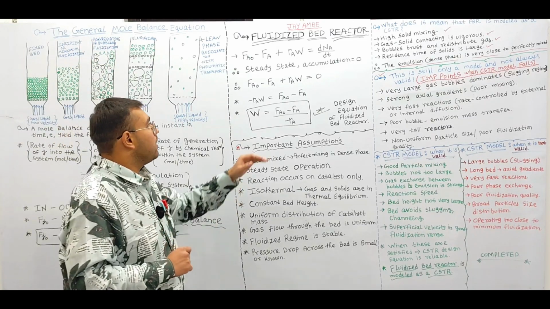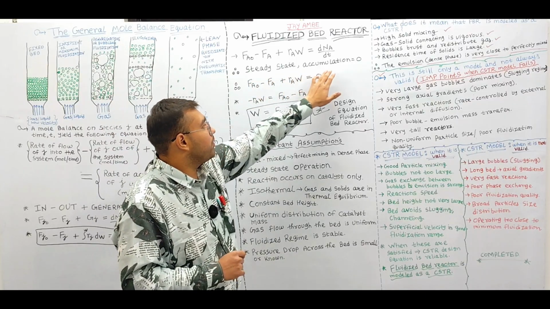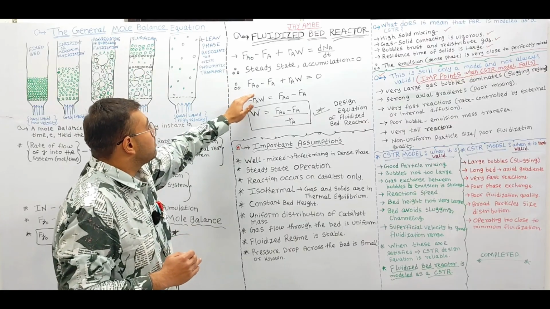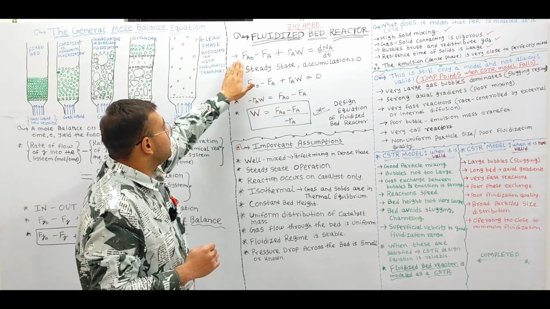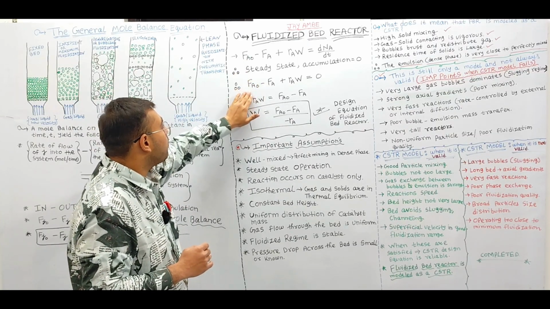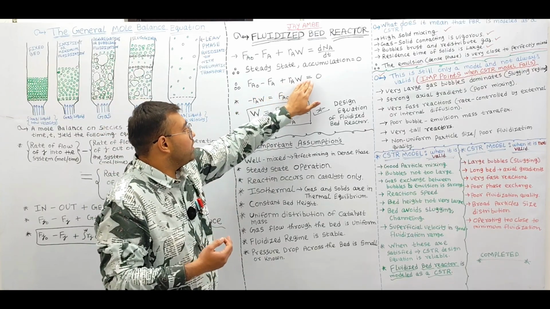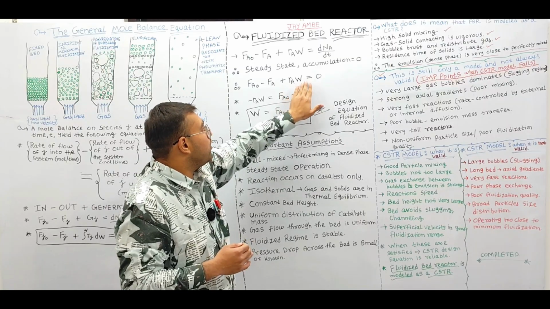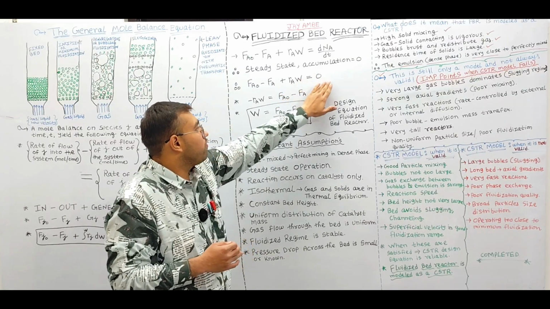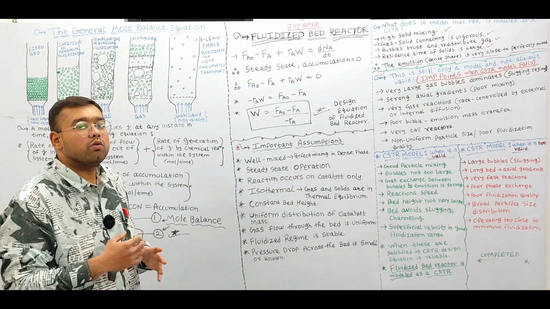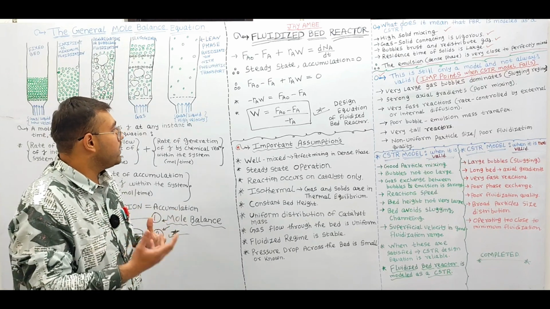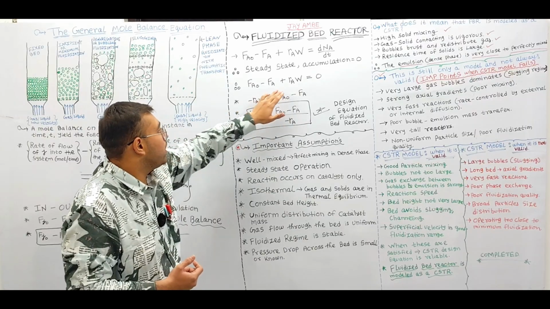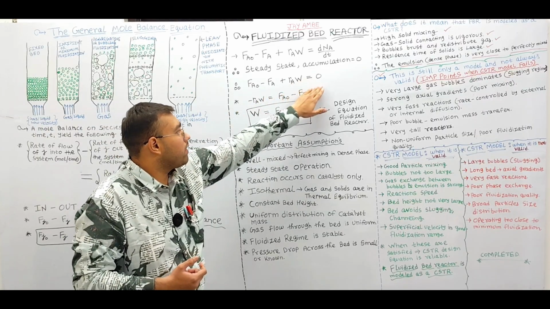Due to the steady state operation, the accumulation term will be equal to 0. So we write the general mole balance equation as FA0 minus FA plus rA W is equal to 0, right? We are making rA W the subject, and we are transferring it to the right hand side, so we need to consider the sign conventions, right?